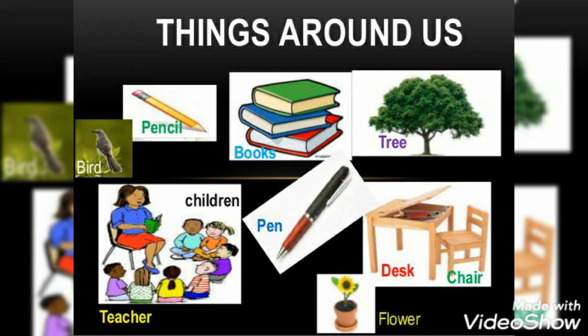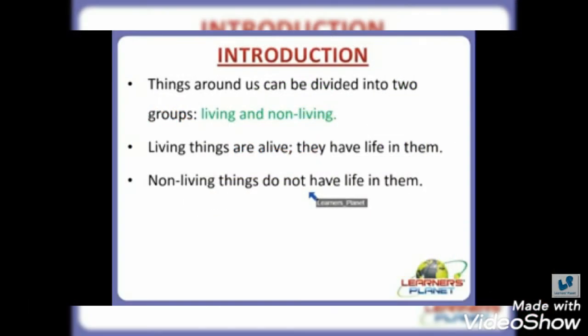See, in our surrounding there are characteristics of different things, but we have to select from them which are living and which are non-living. So things around us can be divided into two groups: living and non-living.